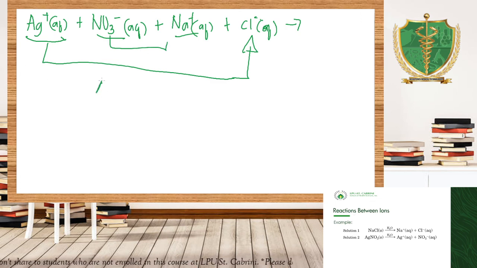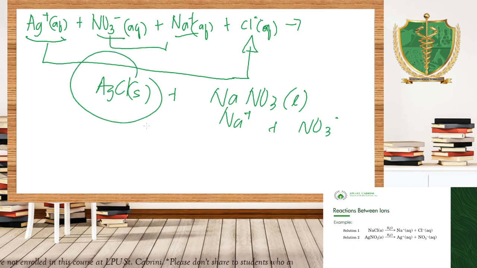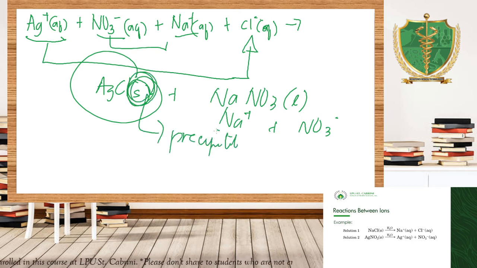So we have silver chloride, this is a solid product, plus sodium nitrate, this is a liquid. So, meaning, sodium ions plus nitrate ion. And silver chloride forms as a solid, which means this solid indicates that this is our precipitate.